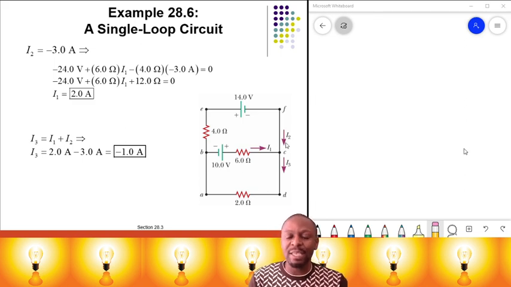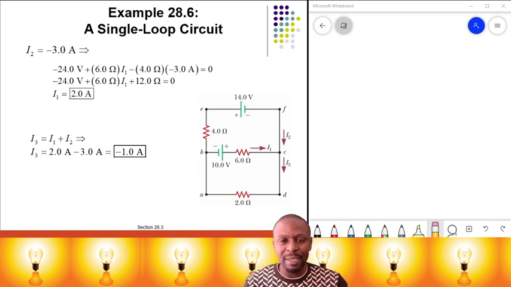Now, I'm going to leave it to you to play around with this and change the direction of the current, and then use Kirchhoff's law. You will see that instead of having minus here, you'll have positive. Instead of having positive here, you'll have minus, and that's what you are going to have for the values of the current through this circuit.